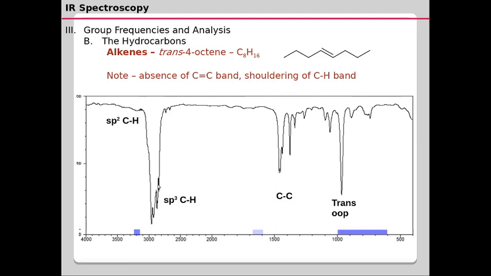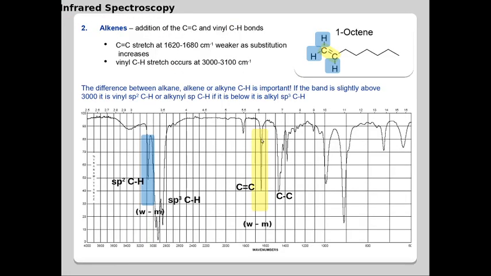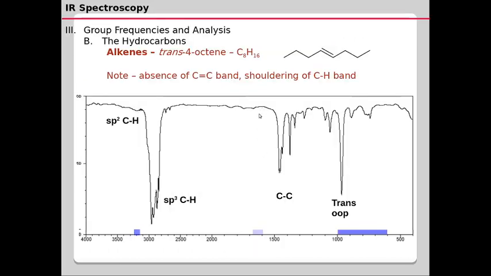Again, this large, highly intense band system in here is due to the stretching vibration of the carbon hydrogen bond of sp3 hybridized carbon on either side of the carbon-carbon double bond. Okay, and you don't see the carbon-carbon double bond band which we have seen in the previous slide right here around 1650 centimeter inverse, and you cannot see it here.